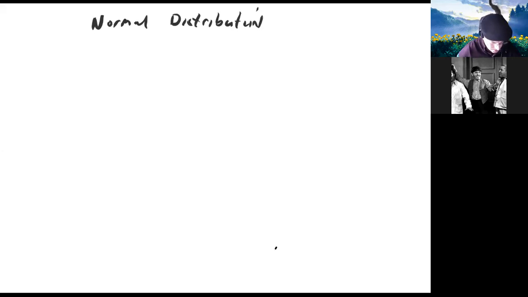Okay, so I want to briefly, at the end of this lecture today, talk about something called the normal distribution. This is something you are actually all familiar with in one way or another. So what is that? There's a so-called bell curve.